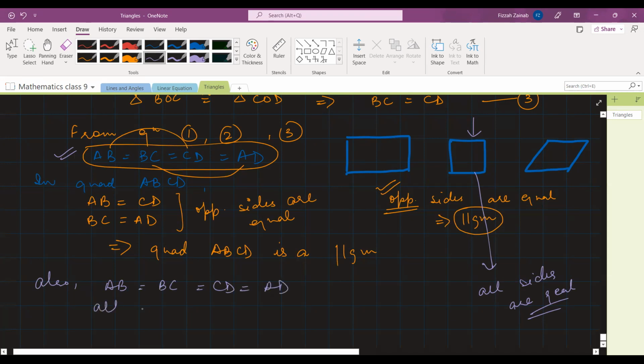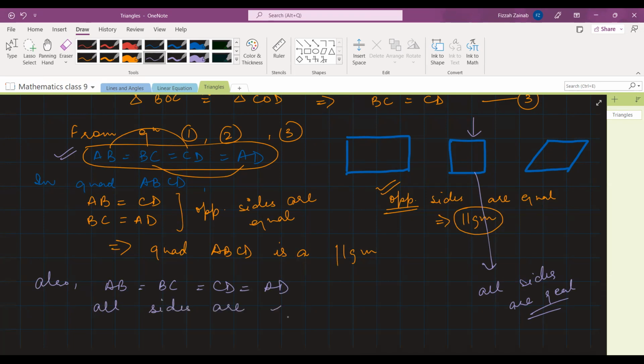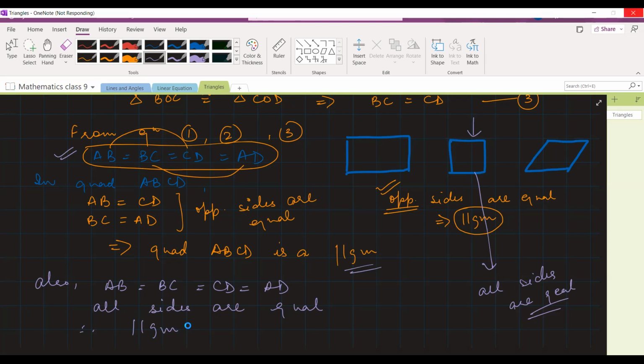That means all sides are equal, right? Therefore, it's already a parallelogram, now we have shown. So the parallelogram ABCD is a square. No, no, no. We cannot say that it's a square because we have not shown the angle.